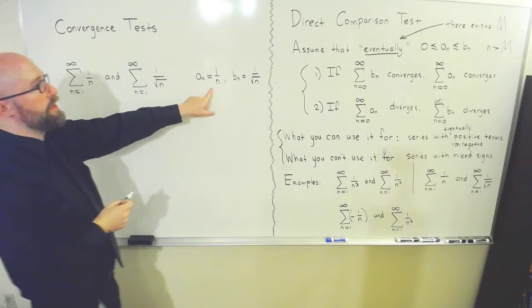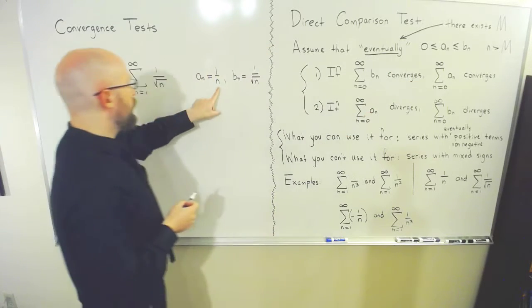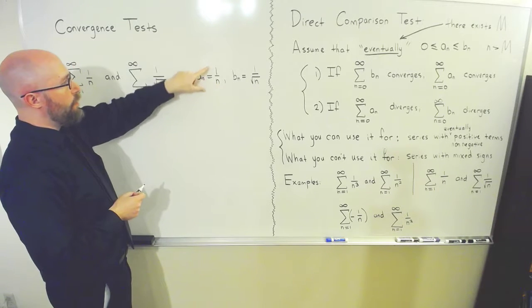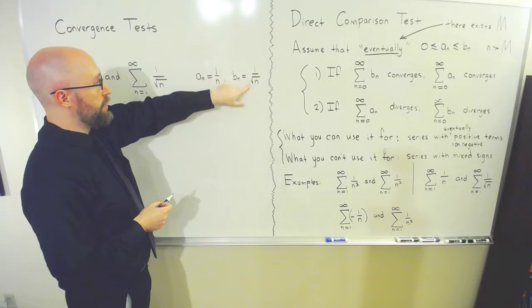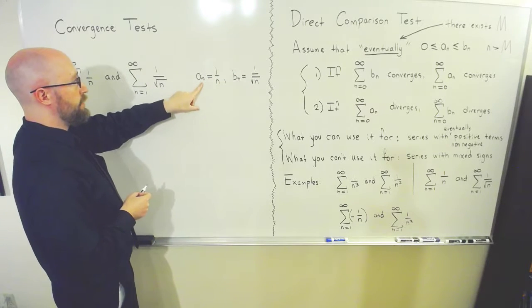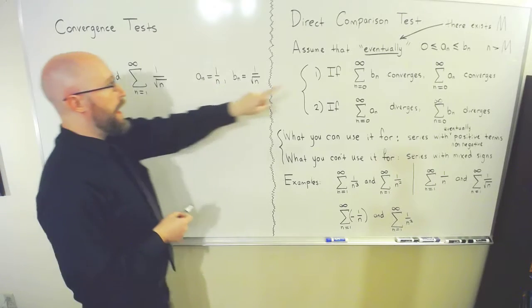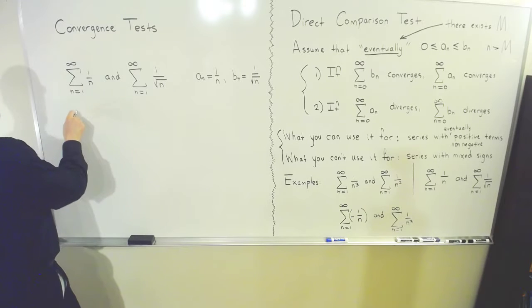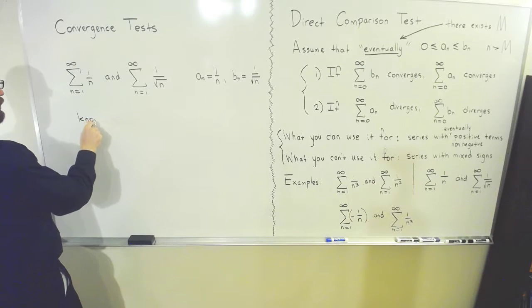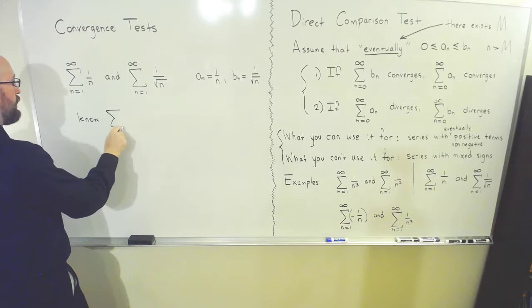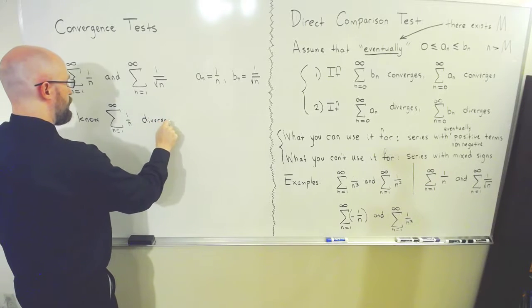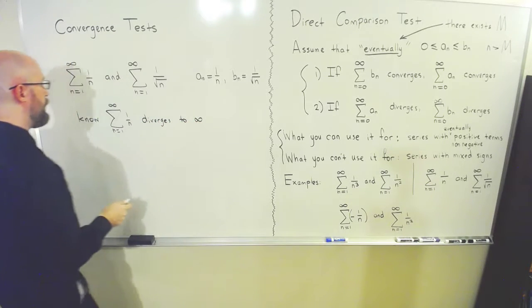And notice this is in the same position as what we were before. The n grows faster than the square root does. So that means that 1 over n is going to be smaller than 1 over square root of n, and they're both positive. So an is sandwiched between 0 and bn here. Now in this case, we're familiar with the harmonic series. So we know that this one diverges to infinity.